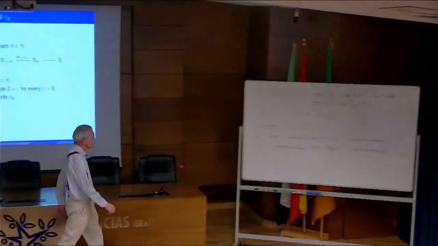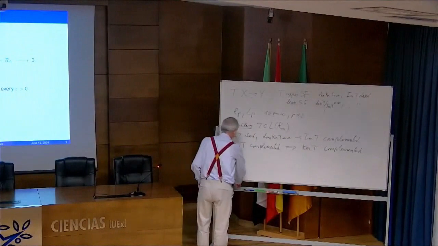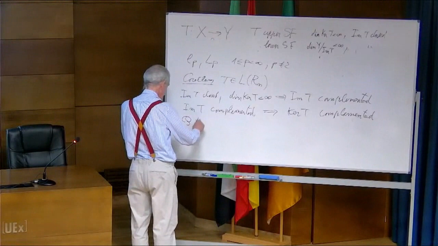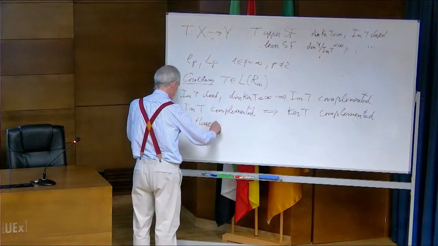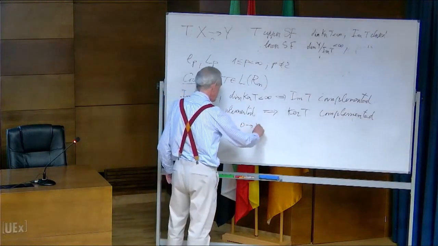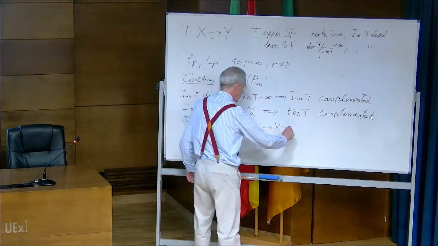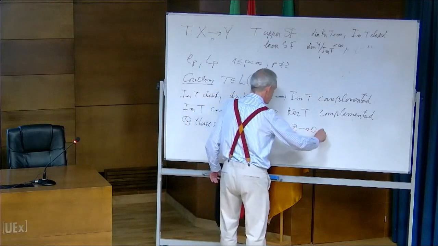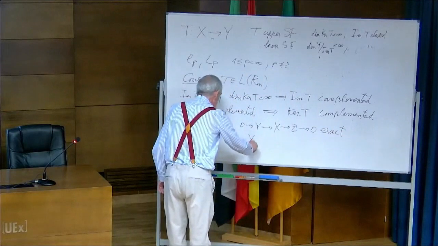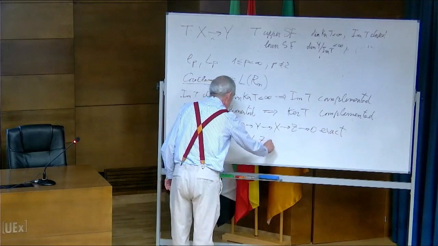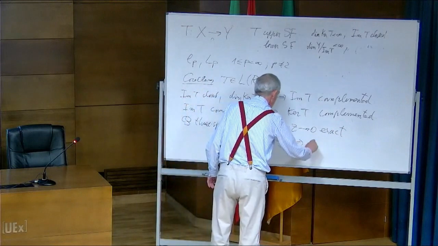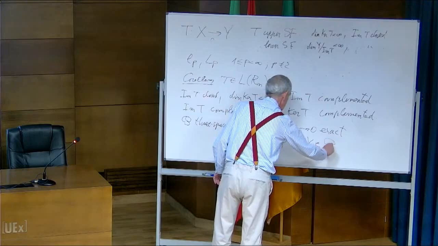Well, here the notion of three-space property is that P is a three-space property if given an exact sequence, from the fact that the subspace and the quotient have the property, it follows that the space has the property.